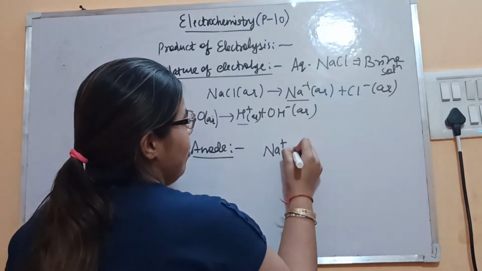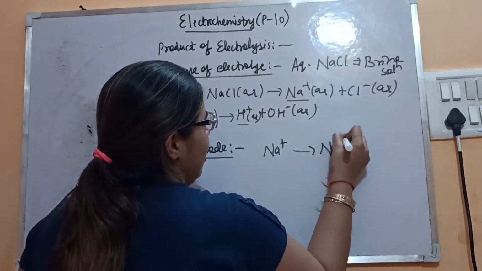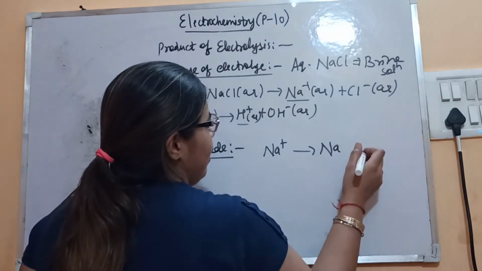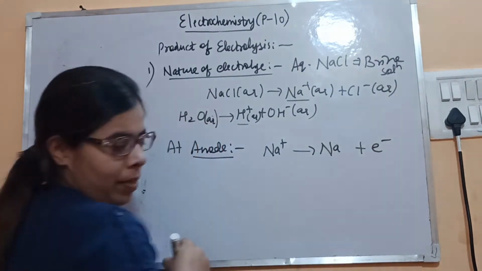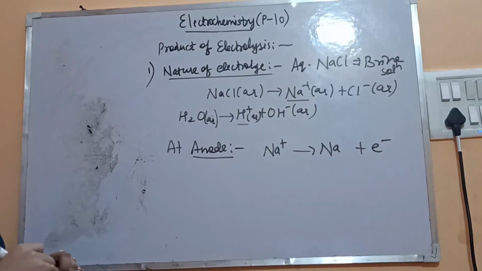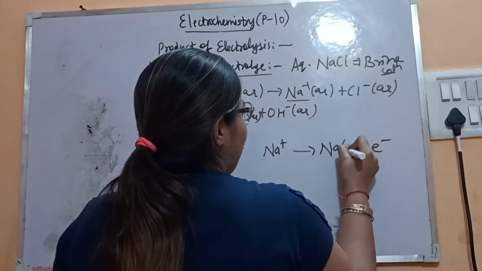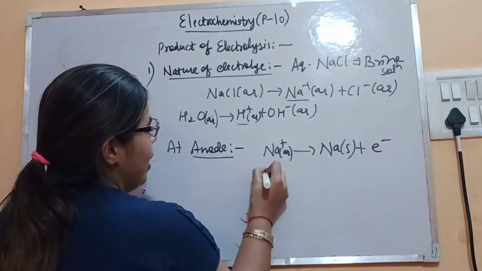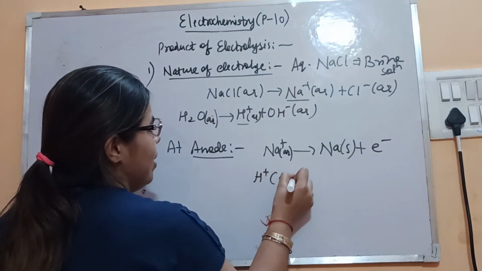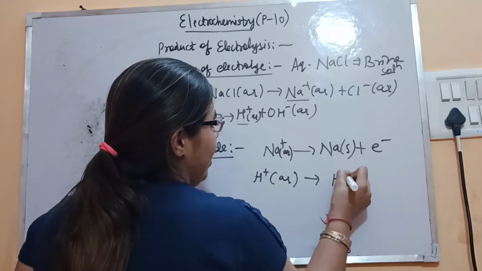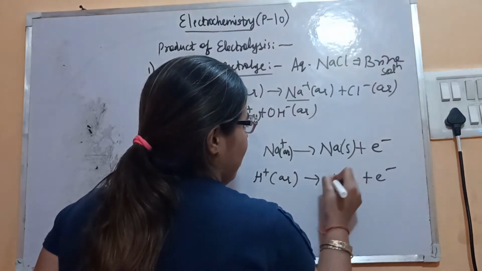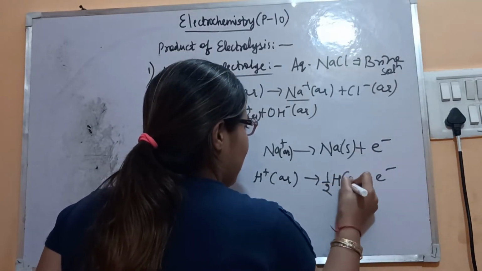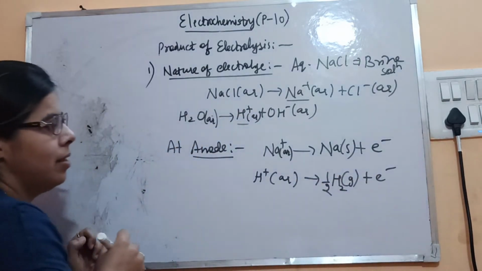So Na+ aqueous will gain an electron and get converted into sodium, that is the solid form of sodium. Similarly, H+ aqueous will gain its electron and get converted into hydrogen, that is half H2, which is a gas.